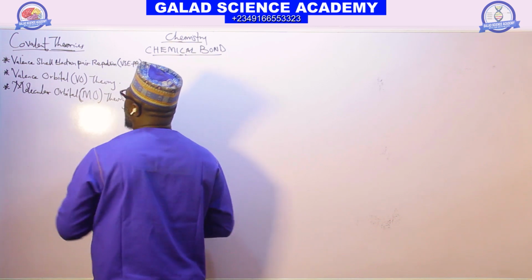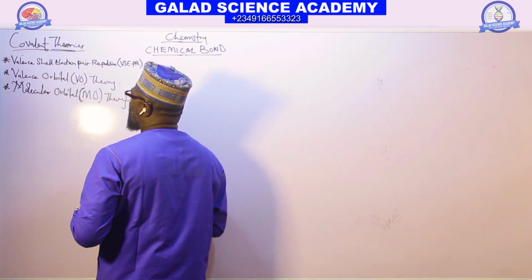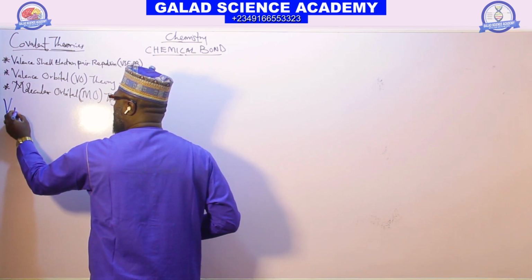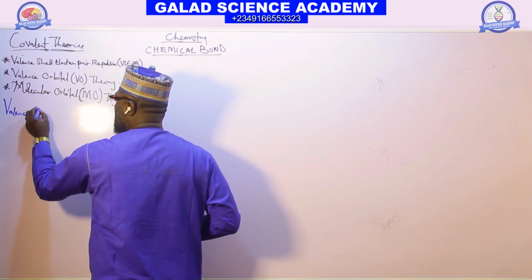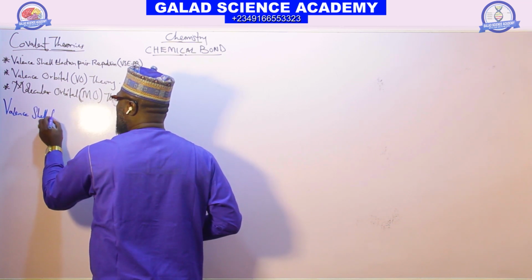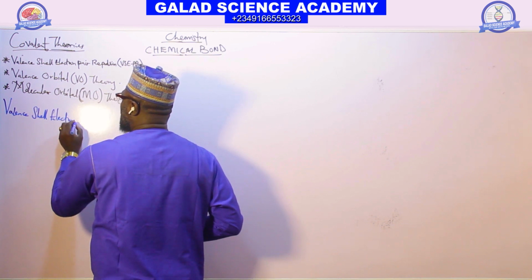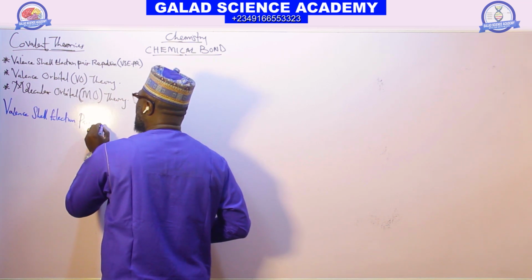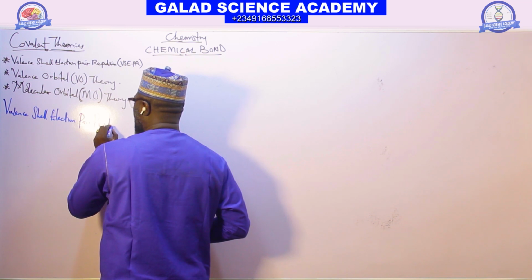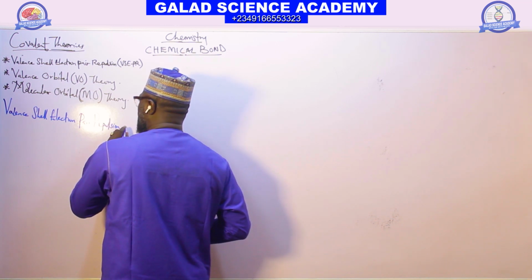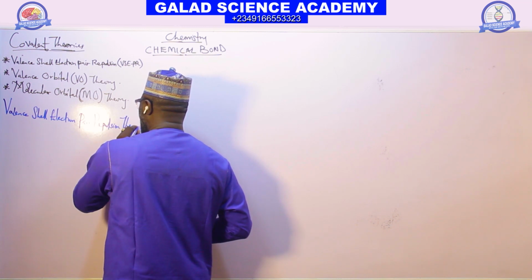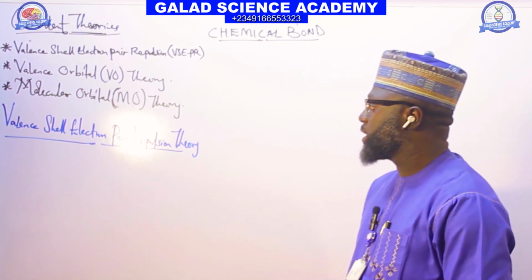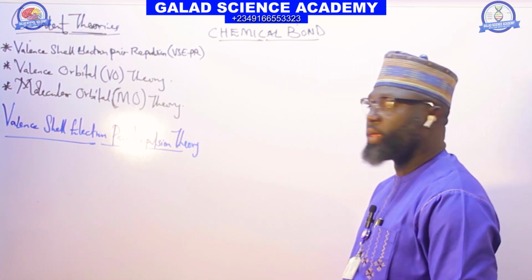The first one is Valence Shell Electron Pair Repulsion Theory. So what is the Valence Shell Electron Pair Repulsion?